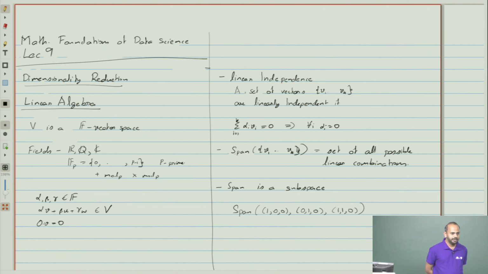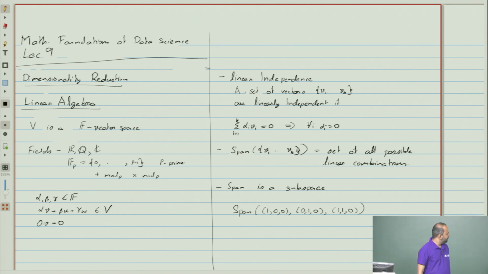Still the xy plane? Yes, sir. Because actually the third vector is not really needed. If you add the first two vectors, you will get the third vector. They are linearly dependent, and if you have linearly dependent vectors in your set, the span is not adding anything extra.